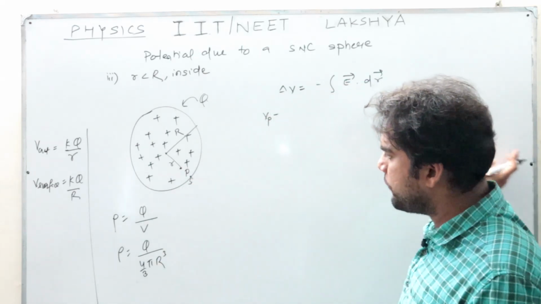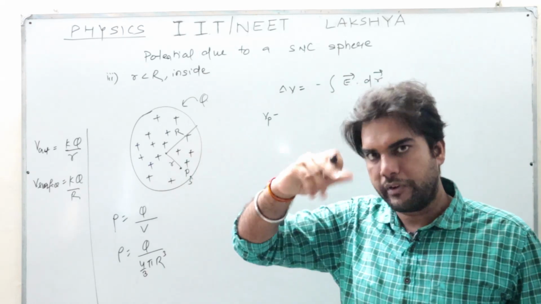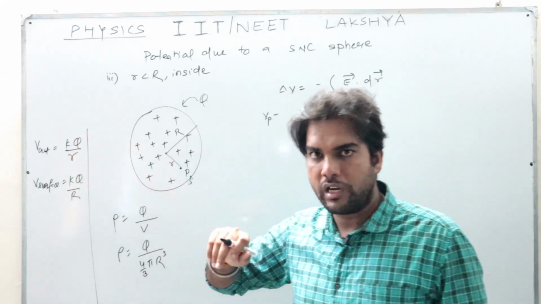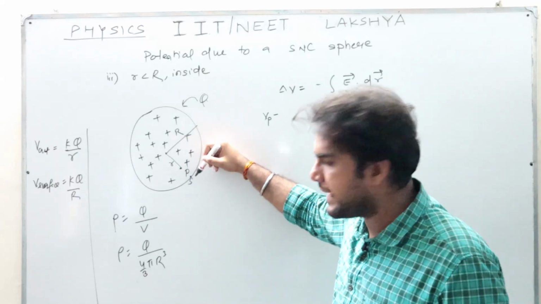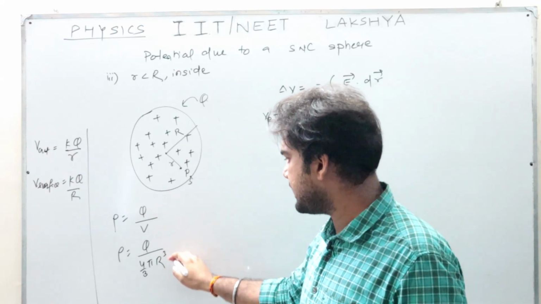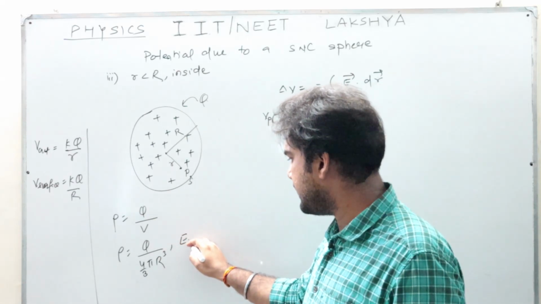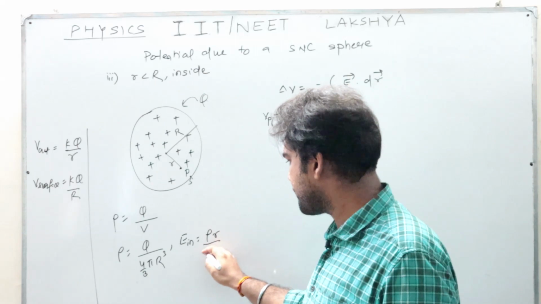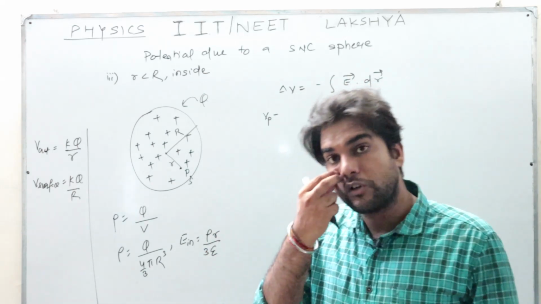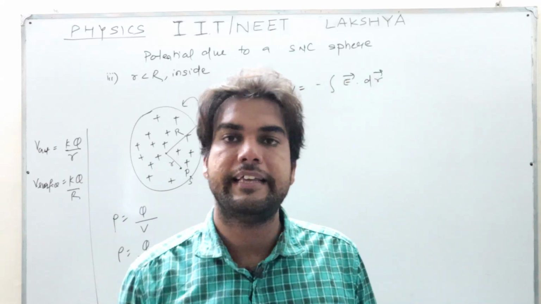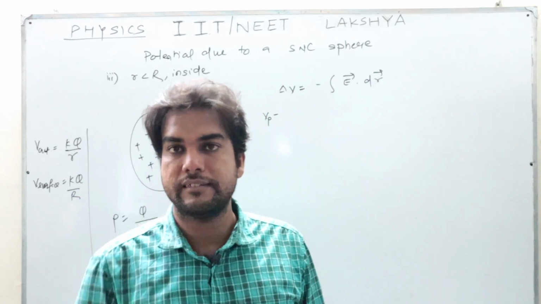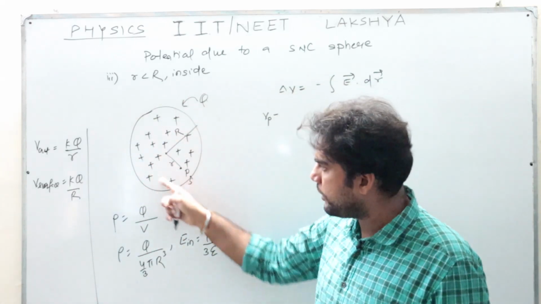Because from infinity to the surface the electric field is kq by small r squared, and the moment we go inside the surface of the sphere, the electric field becomes E in equals rho r by 3 epsilon. You must remember this formula because this is a solid non-conducting sphere. This time we cannot say that E inside is 0. E inside is 0 only if there is no charge inside, but here charge is accumulated inside also.